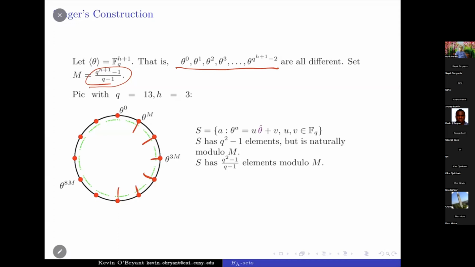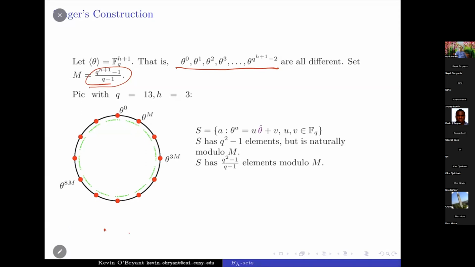That is the multiplicative subgroup of FQ that lies inside this FQ to the fourth. There we go. Okay, so the interesting bit there is that powers of theta to the m are in the base field.